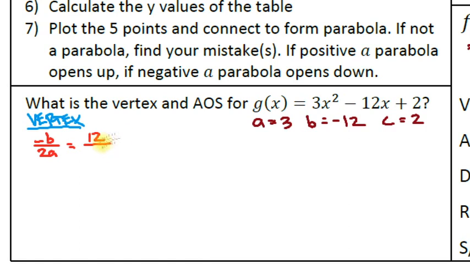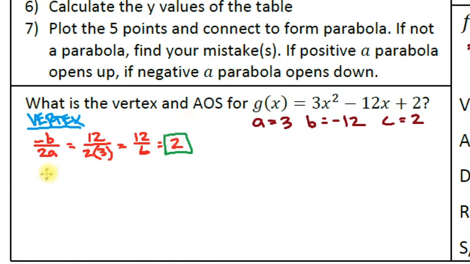One of the biggest mistakes students will make is they'll just plug in negative 12 here and not realize the formula has a negative sign in it already. That means you have to flip the sign of b. Now we've got 2 times a, which is 3. That's 12 over 6, and that is equal to 2. So our x value of our vertex is 2.